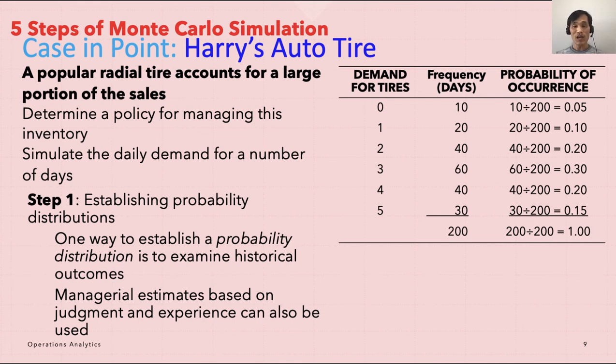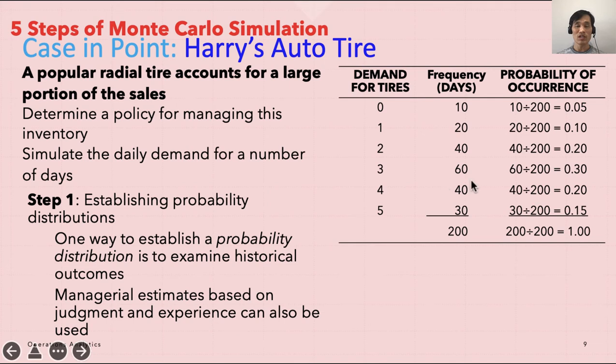The daily demand for radial tires at Harry's Auto Tire over the past 200 days is shown in this table. We can convert this data to a probability distribution, if we assume that the past daily demand rates will hold in the future, by dividing each demand frequency by the total, 200.